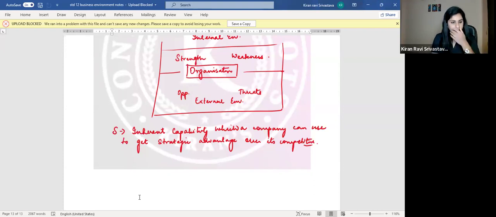Now again, if Tata Motors wants to launch an electric scooter, it has a strategic advantage because it is already in the automobile business. It knows how to produce vehicles. But if a company like, let's say, Reliance wants to enter the automobile business, they might not have that strategic advantage as Tata Motors.